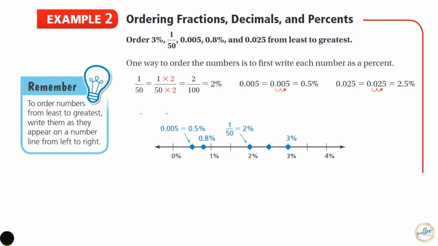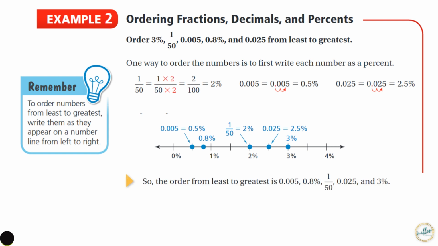And 25 thousandths, again, we'll move the decimal point 2 places to the right and make it 2.5, 2 5/10 of a percent. When we put all these on the number line, we can see what order they belong in. So now we can see that from least to greatest, we have 5 thousandths, 0.8 of a percent, 1/50th, 25 thousandths, and 3%.